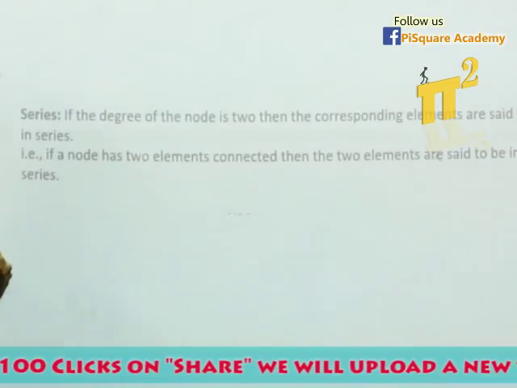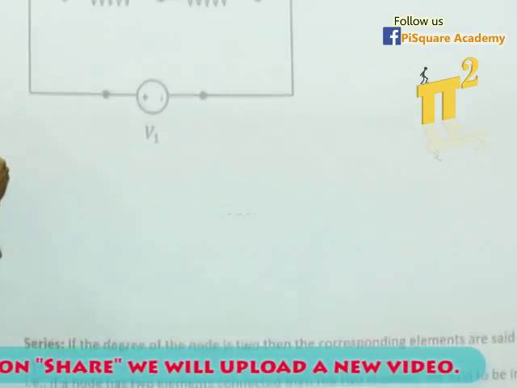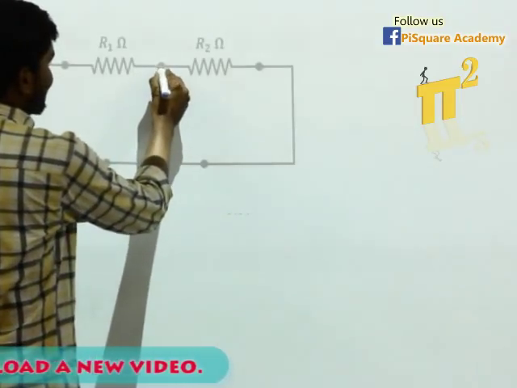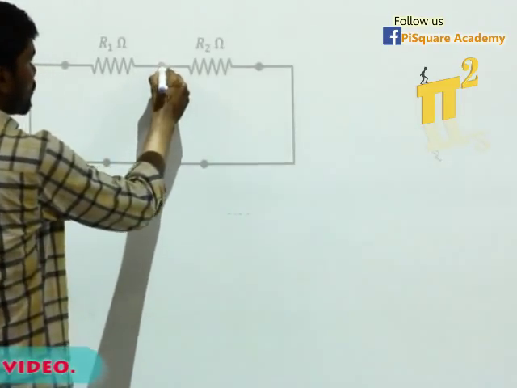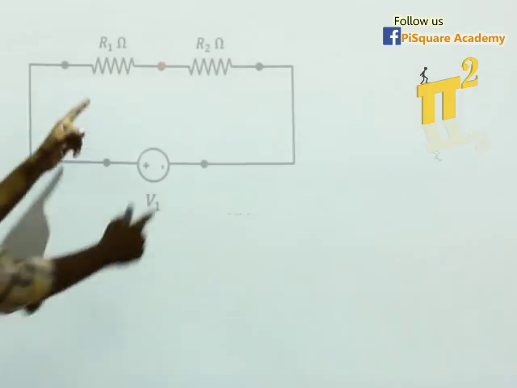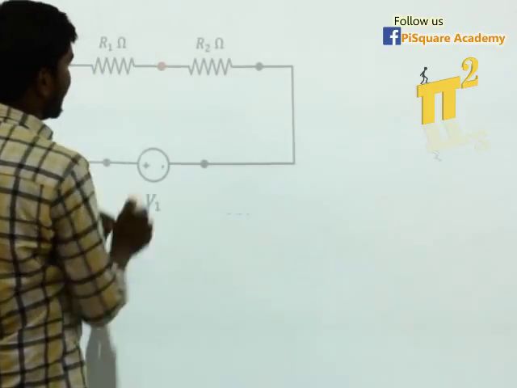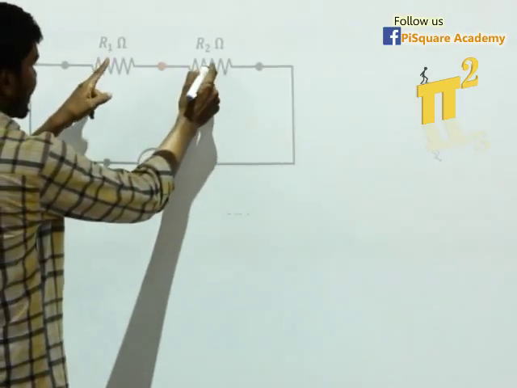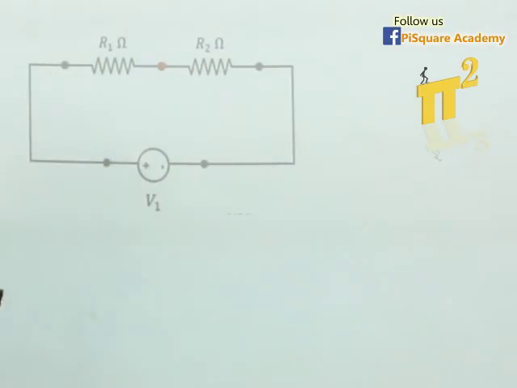This is the definition. So before we go to the definition, let's look at it. This is a node, and what is the degree of this node? It is 2, because we got two elements connected here. So degree of the node is 2. So hence I can call these two are in series.